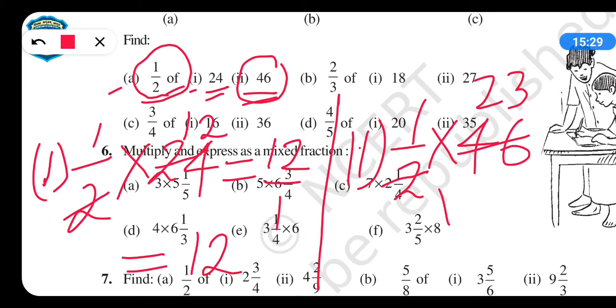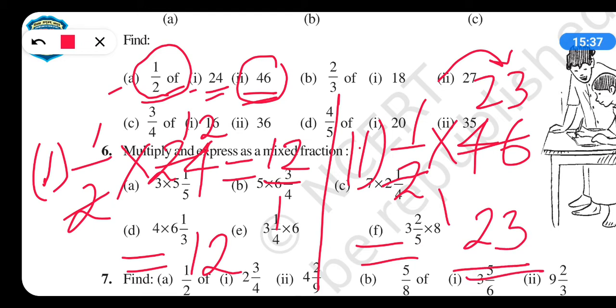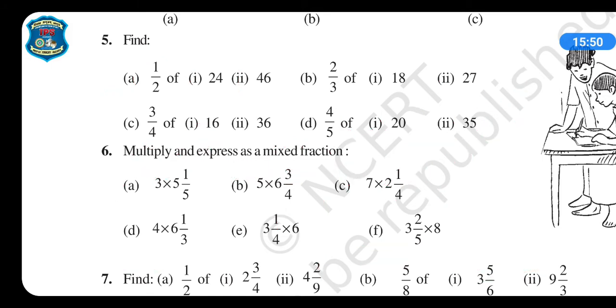So it is equal to 1 into 23, 23 upon 1. So 23 is the answer. Got it? So in the first part there are two parts, first part and second part. You have to solve both of them. Now let us see D part.